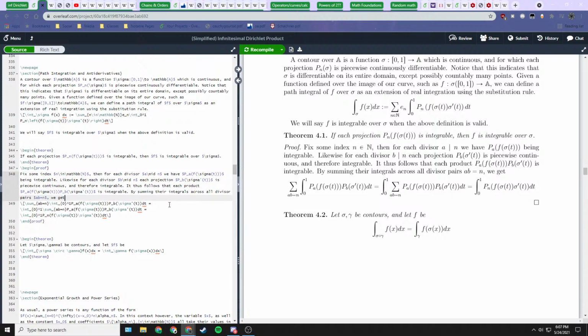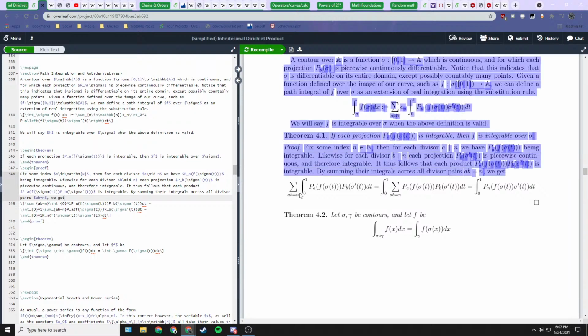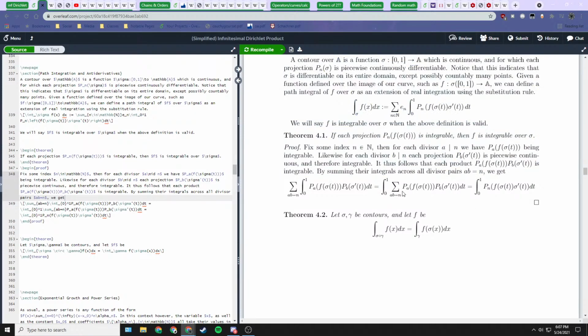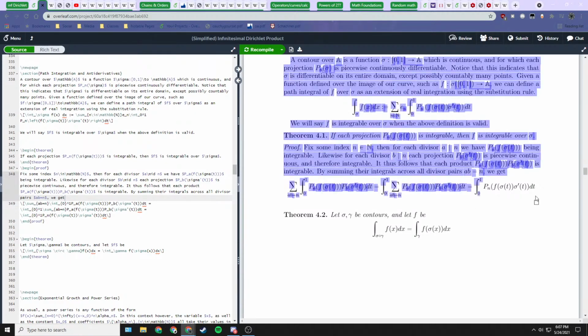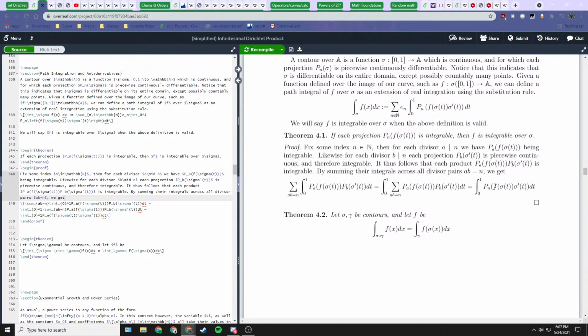Okay, that's nice. So each of these products is integrable. Then we just sum up these integrals. Well, by linearity of integration, we can build the sum in. This is just this piece of n projection of this product.